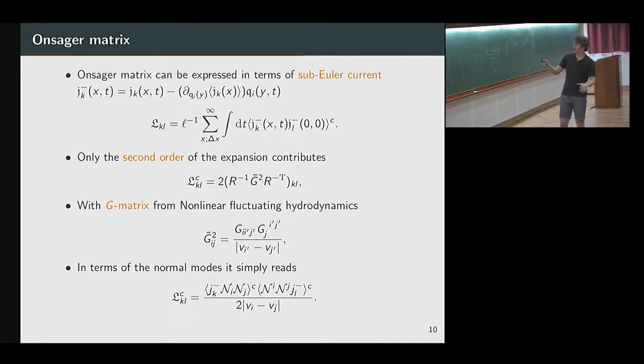But the time that all three terms will be in the same cell is actually inversely proportional to the difference of the velocities of the modes, because if one mode is slower than the other one, the other one will already leave one cell and the first one will be left behind. So that's where the 1 over the difference of velocities proportionality comes from. And this overlap is just an overlap which comes from overlapping of current and the two normal modes in the same cell.